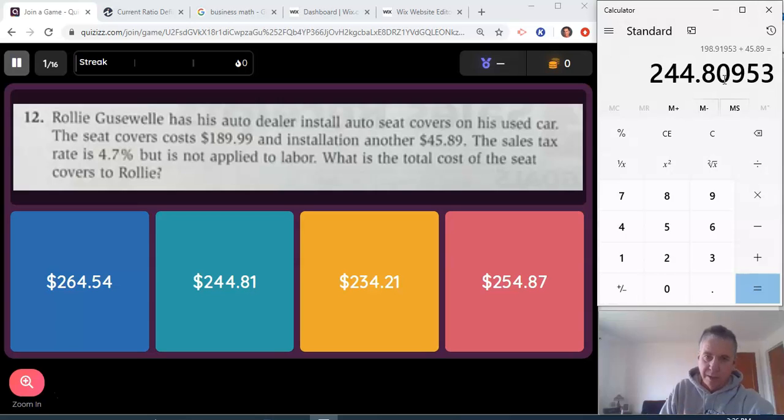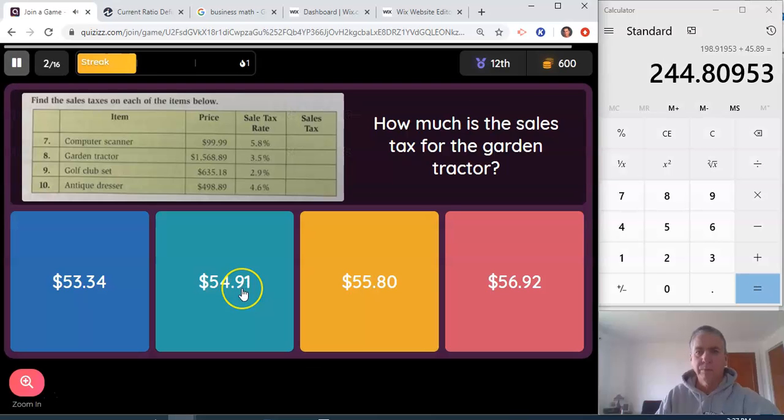So we're adding the $45.89 for the labor without calculating tax on that, and that gives me $244.81. Well, let's see if that choice shows up here, $244.81. There it is right there. We got it right.